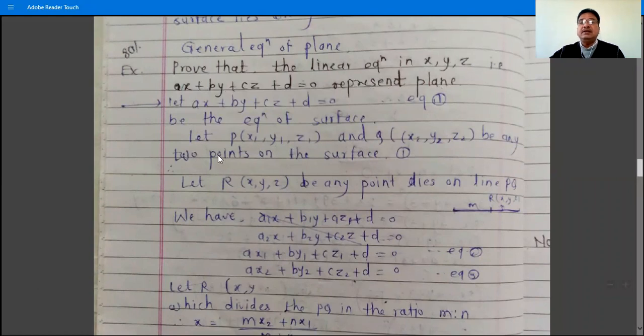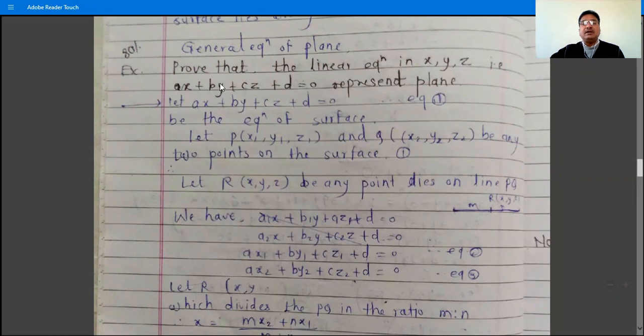Like a linear equation in x and y represents a line. What is that? ax plus by plus c is equal to 0 is the linear equation in x and y, and this equation represents a line. This is the linear equation in x, y, z, and this represents a plane.